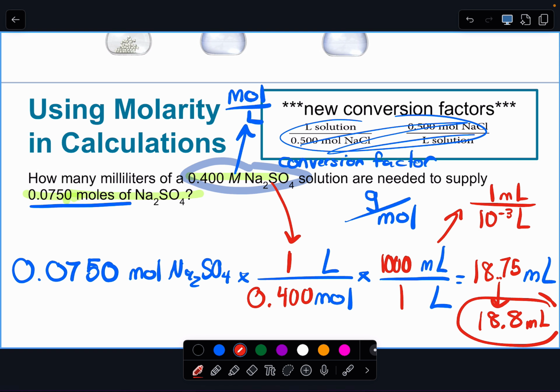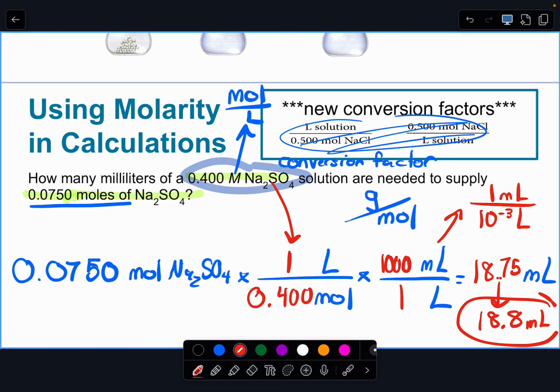Okay, so what did that actually mean? It sounds like we're doing some kind of an experiment where we need 0.075 moles. And we're trying to figure out how do I get that 0.075? Apparently, I'm not allowed to just measure out a mass to get 0.075. I have to start with this solution, this liquid, that contains 0.4 moles for every 1 liter.